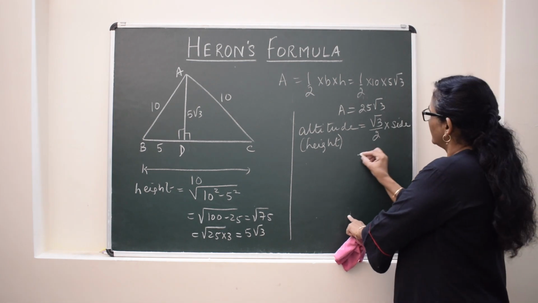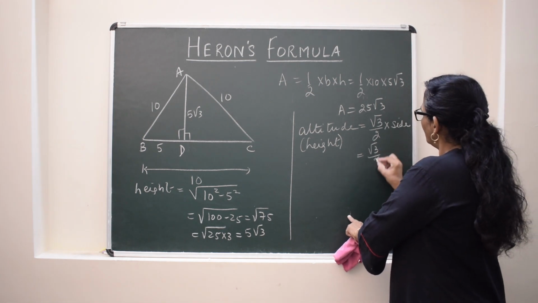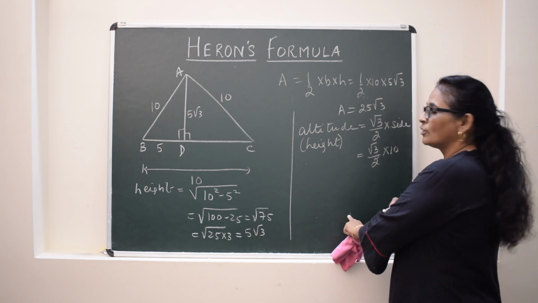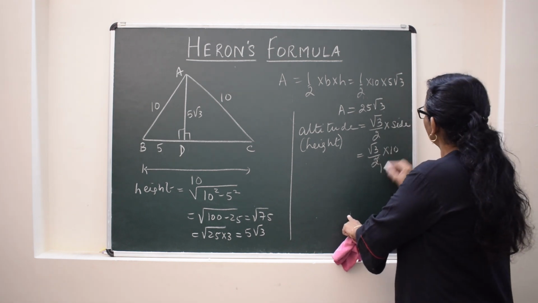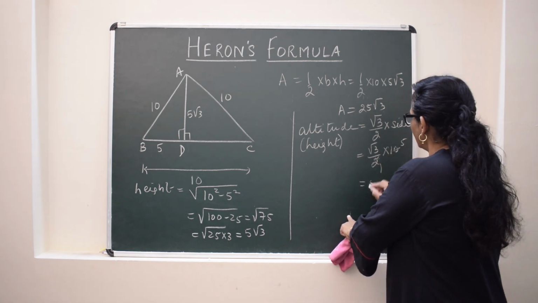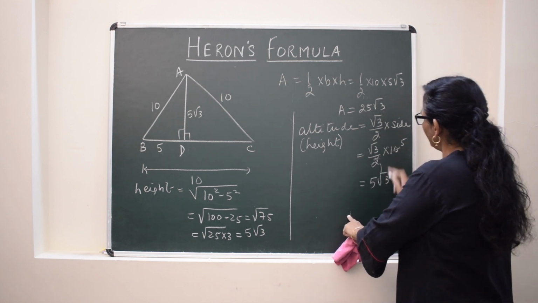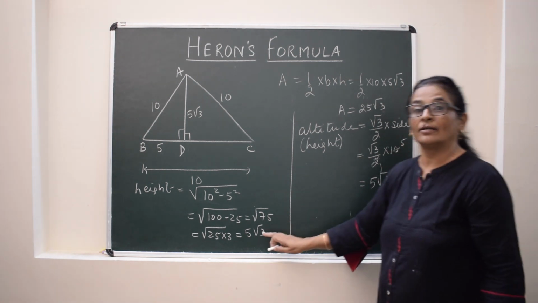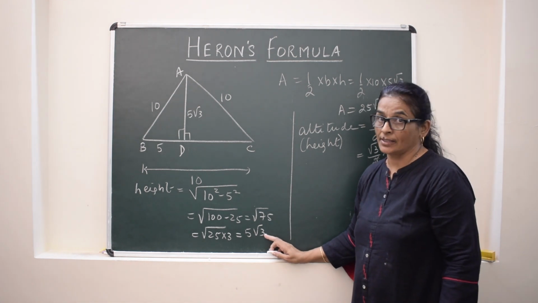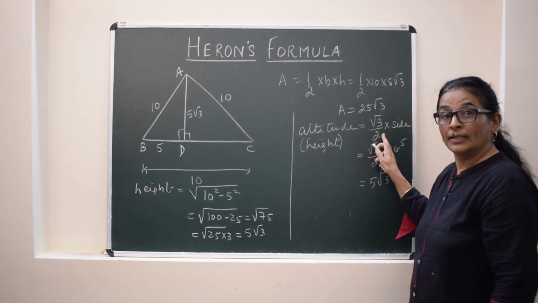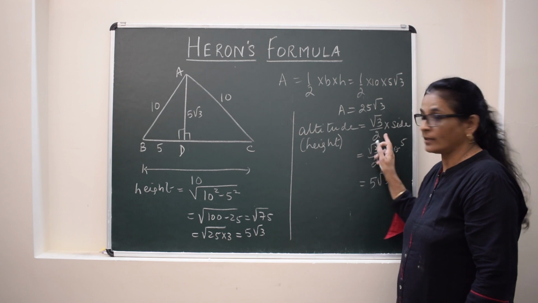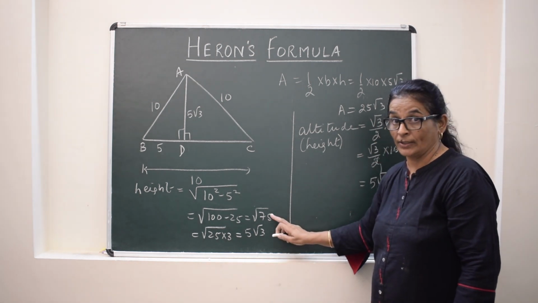Let's see. Root 3 by 2 into side. Side is how much? 10. So this is 5 root 3. What you have done with the formula and what you have calculated with the Pythagoras theorem is the same. So this is the formula. If you learn it, it's okay. Otherwise, you can calculate the height of the equilateral triangle.